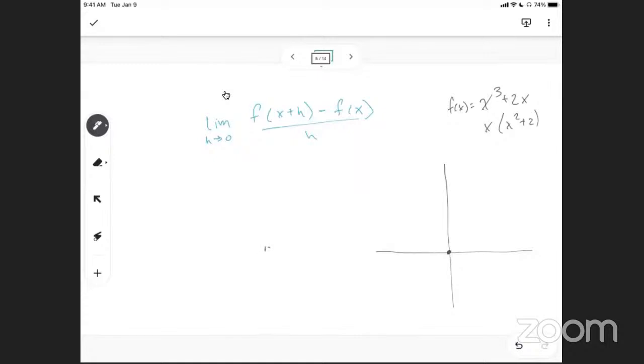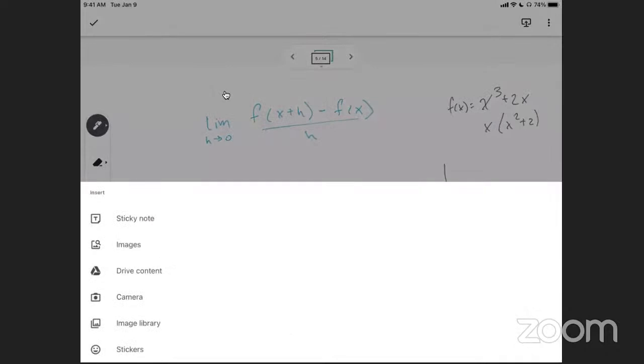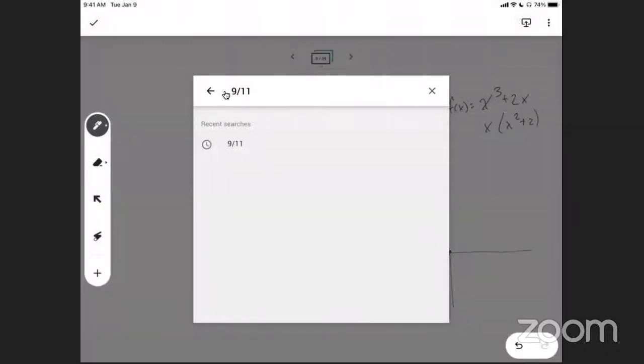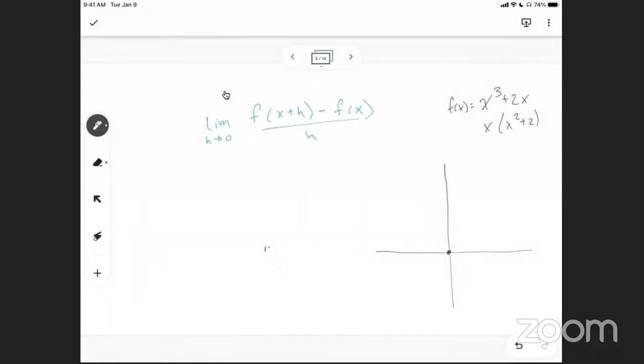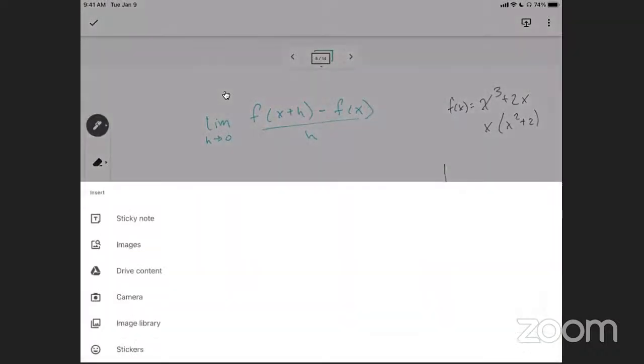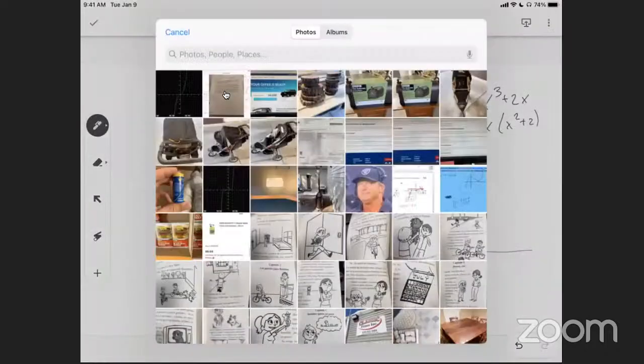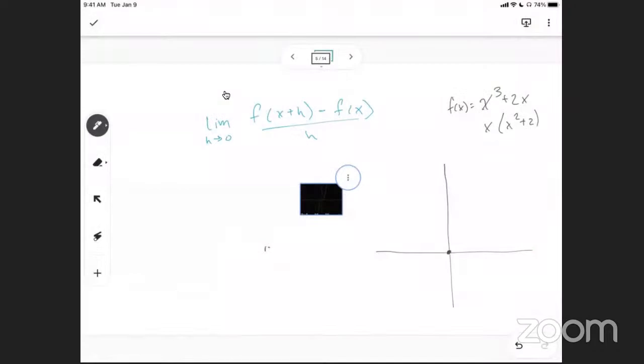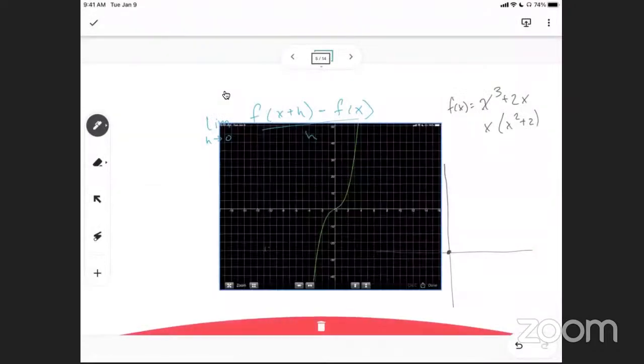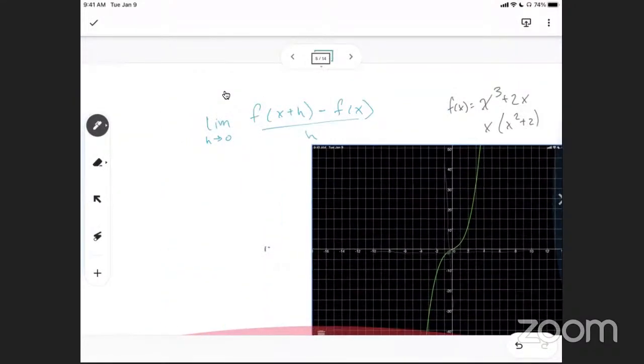Paste. Let's see, can I paste? I guess I have to add it for my image. This might not be working. This might take a little bit longer than I think. Image library. That's what I want. Where are you at? Yes, there we go. All right. There's my image.